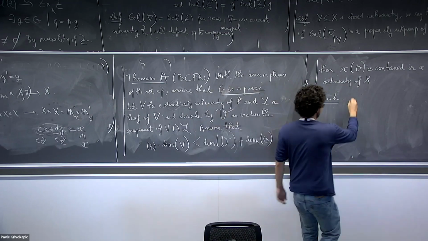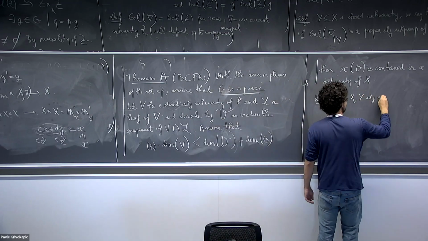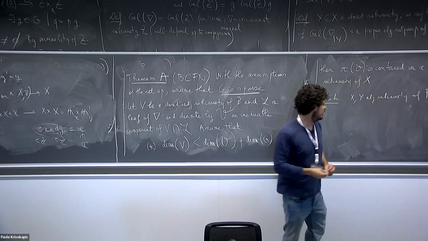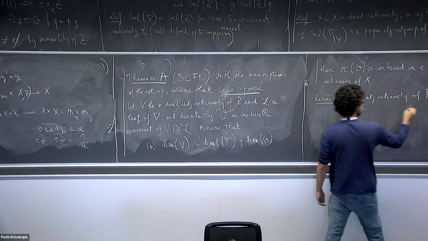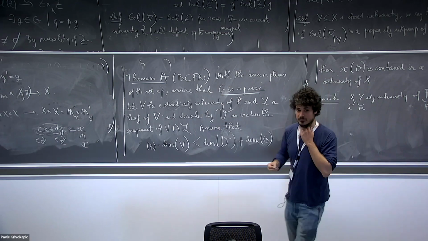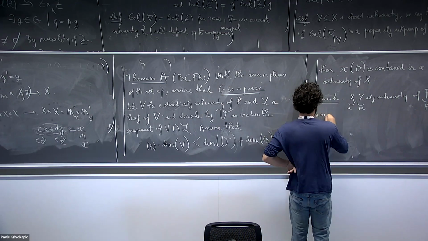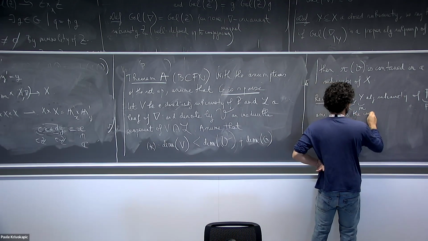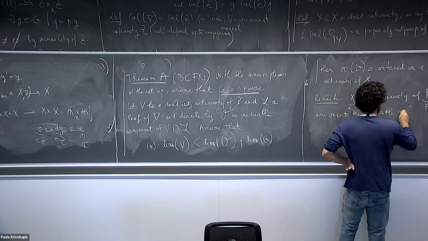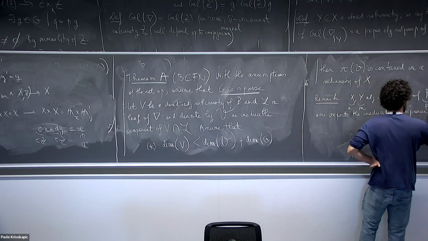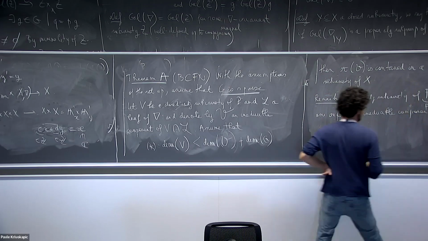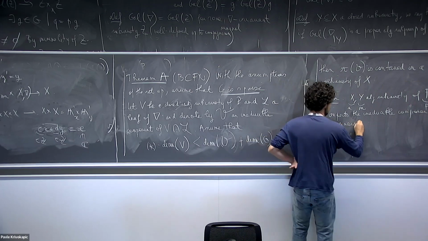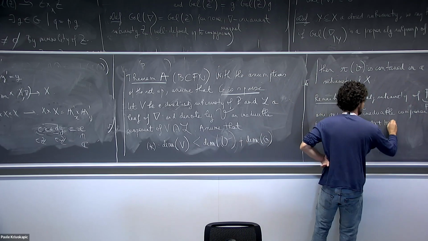If you take X and Y, closed algebraic subvarieties of P, where X has dimension n, Y has dimension m, and P has dimension p, then one expects, in general, an irreducible component of X intersected with Y to have dimension n plus m minus p.